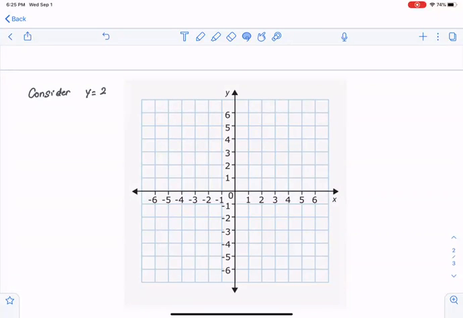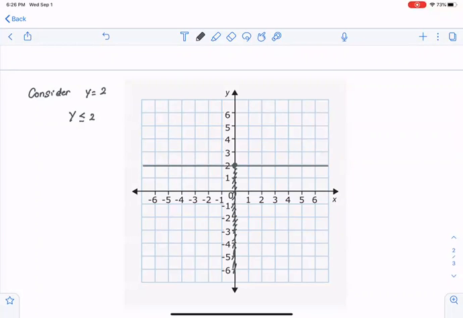So if I change the equal sign to less than or equal to 2, I can simply draw it on the axis like I did earlier. But since this is a function in a functional sense, what I have here is a line that goes through 2. And everything below that would be a solution for y, if we express it as a function of x.